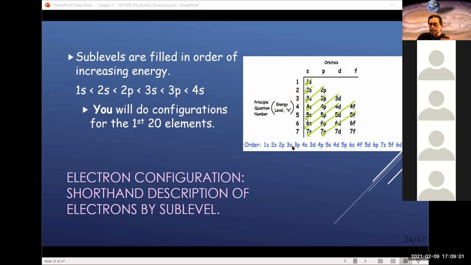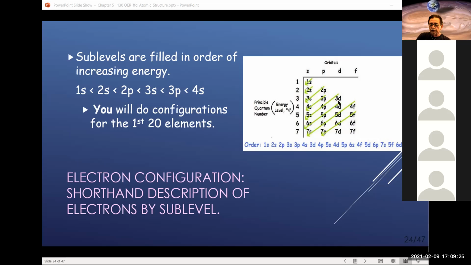If it's s, the maximum you can put on there is a 2. If it's p, the maximum superscript is a 6. If it's d, d as in David, lowercase d, is 10. And f will be 14. Okay, so the superscript represents the number of electrons. So you can use this order or this diagram to help you out.